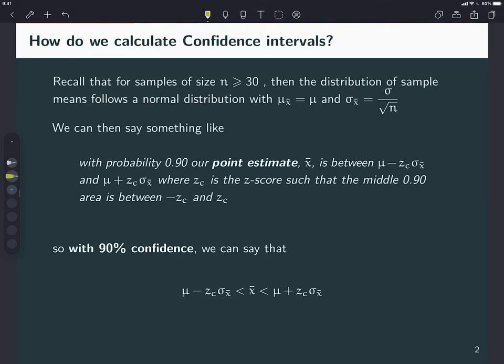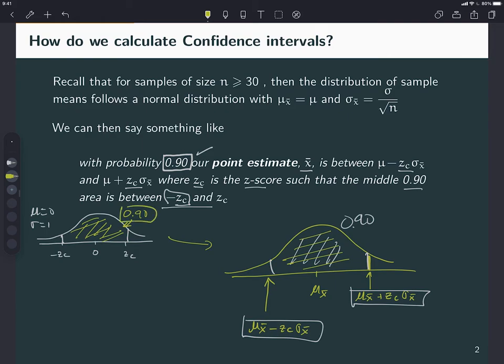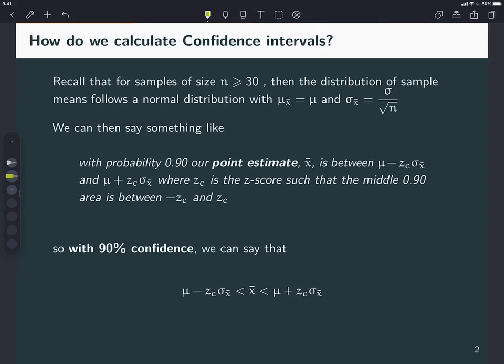Now, with 90% confidence, because I'm using 90%, that's where the word confidence comes from. Instead of probability 90%, we become 90% confident. We say that the sample mean, I'm going to repeat the picture here.